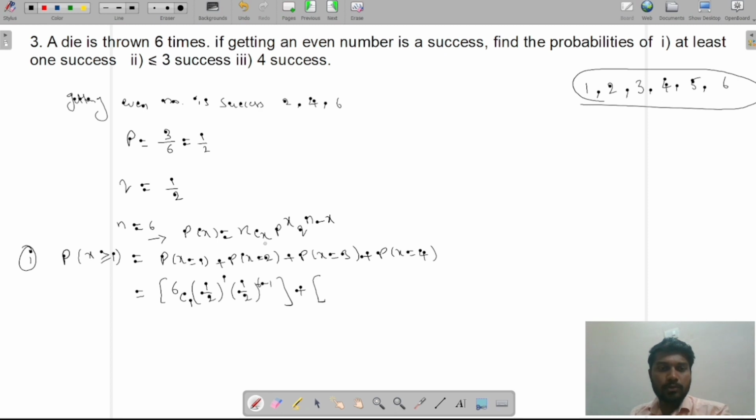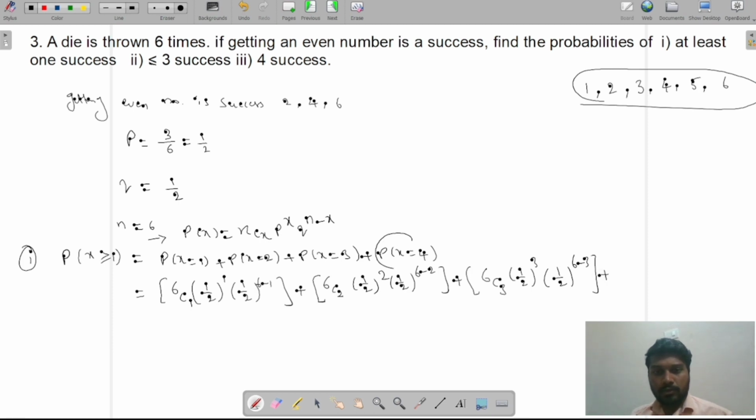Similarly, at x equal to 2, what is the binomial distribution? 6C2 1 by 2 to the power of 2 into 1 by 2 to the power of 6 minus 2, plus 6C3 1 by 2 to the power of 3 into 1 by 2 to the power of 6 minus 3, plus at x equal to 4, 6C4 1 by 2 to the power of 4 into 1 by 2 to the power of 6 minus 4.